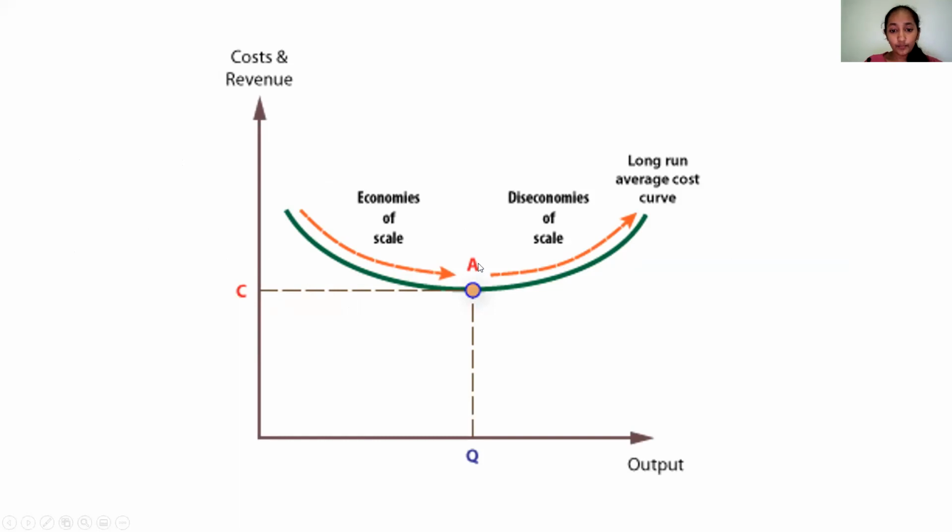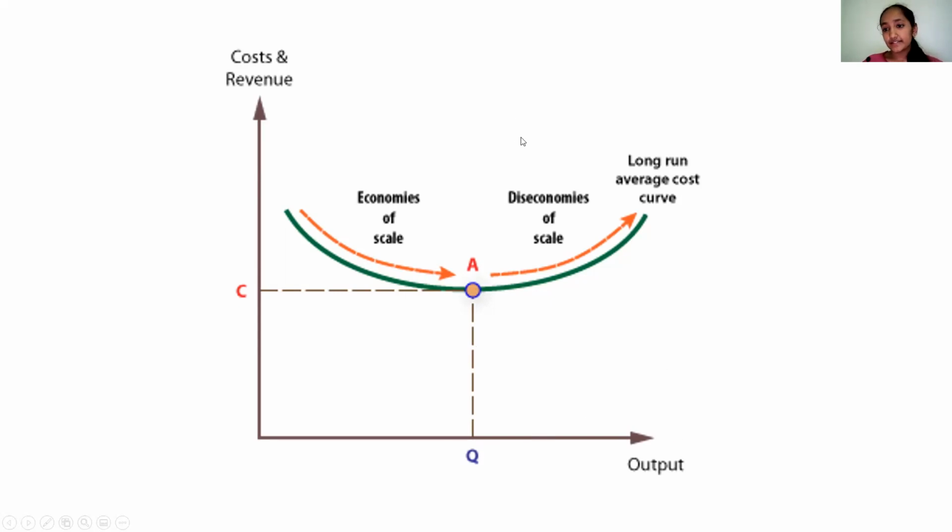As you can see, point A over here is when the company reaches its economies of scale, which means anything that is produced beyond point A will go into diseconomies of scale. In the y-axis we represent costs and revenue, and in the x-axis we represent output.